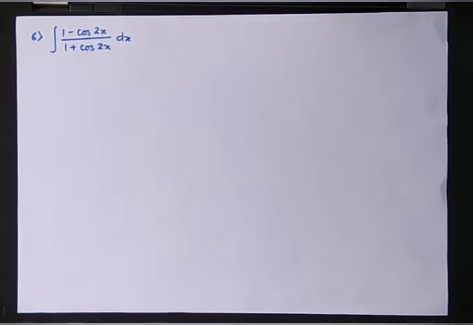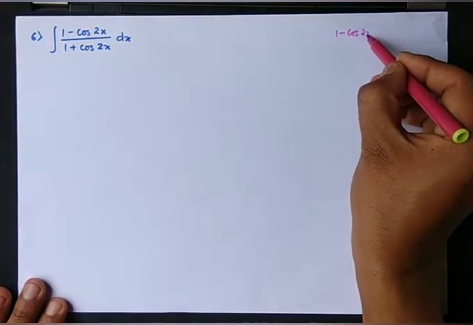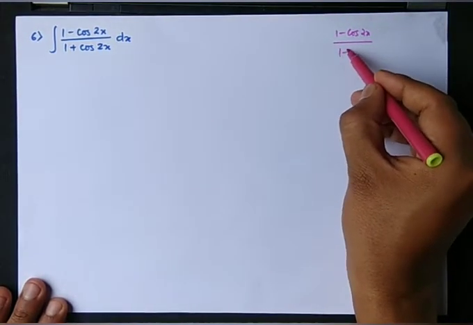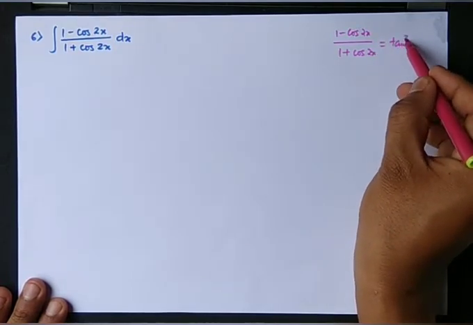Okay, so the sixth problem for the day is this one. Before I proceed, I would like to mention one direct formula which is given in your class 11, that is 1 minus cos 2x by 1 plus cos 2x equals tan square x.